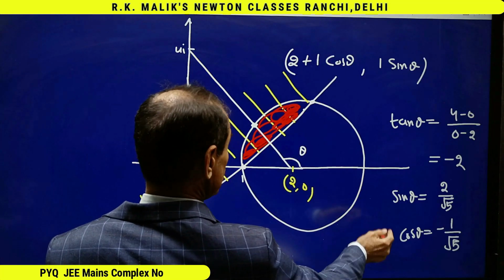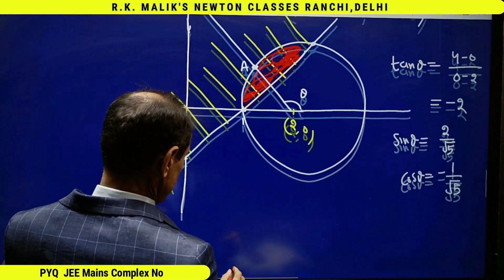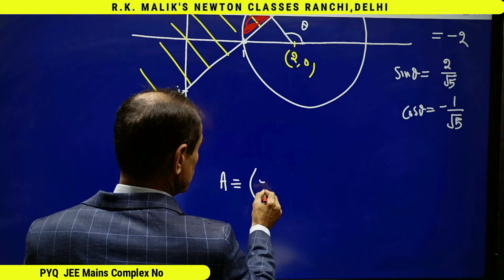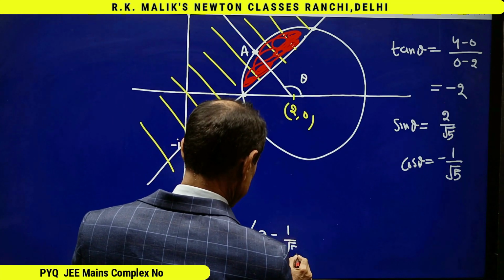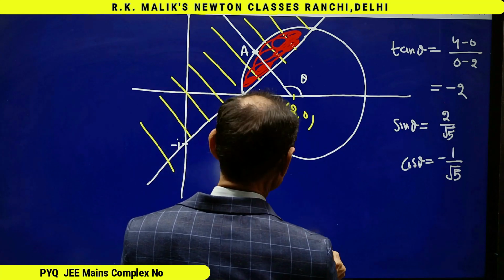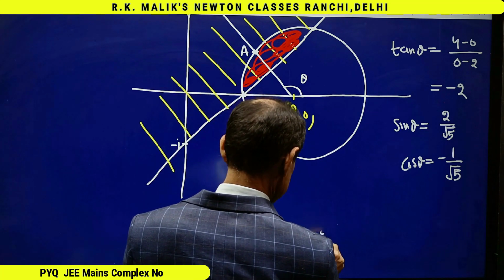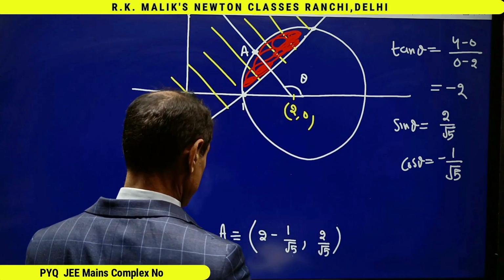Now putting the value of cos theta and sin theta here, let us name this point as A. I can say A equal to 2 minus 1 by root 5 and y coordinate as 2 by root 5.